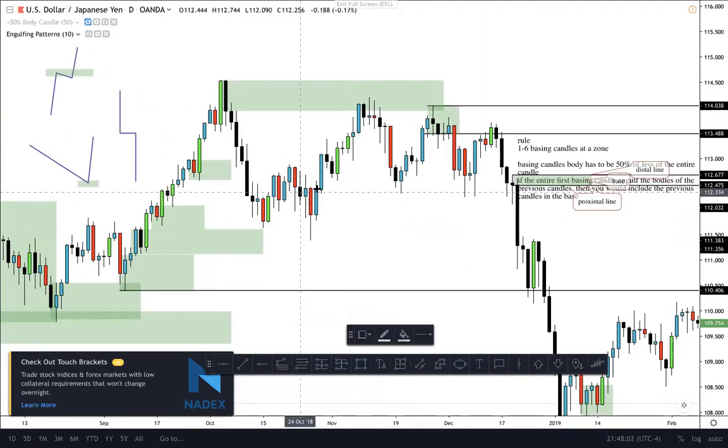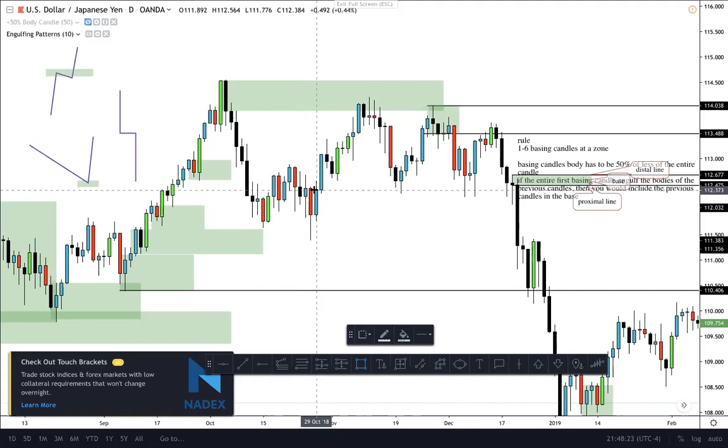So this would be another base. We could see that the market consolidated right here, one, two, three, four candles in the same spot. That's consolidation, that's basing, and it has three basing candles here.